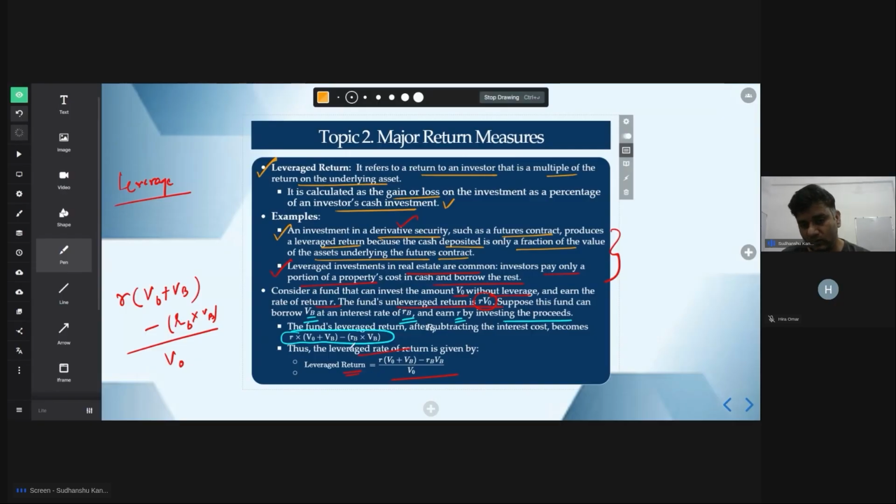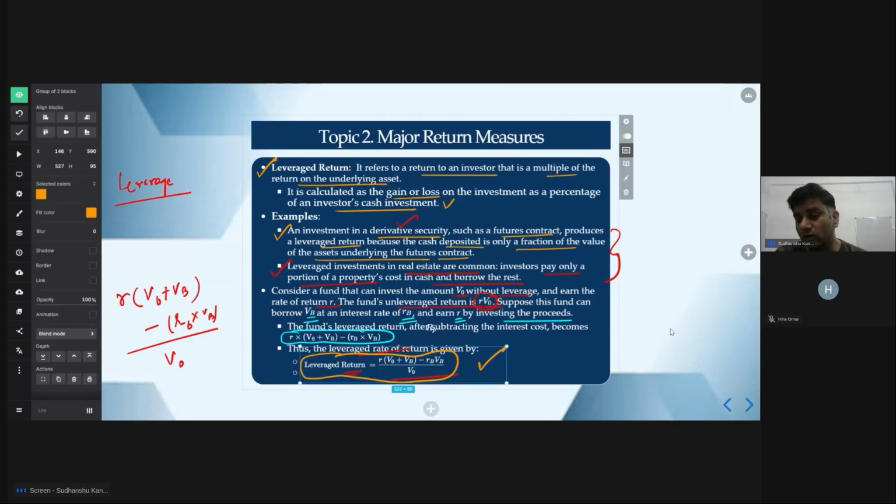So this is what we are talking about: R V naught plus VB minus RB VB. These all questions are from your CFA. If you go to Schweser, you will find that the questions are a little easier. That's why I told you to practice as many questions from the CFA end of chapter as you can. That is what we are doing, and these are high quality questions.